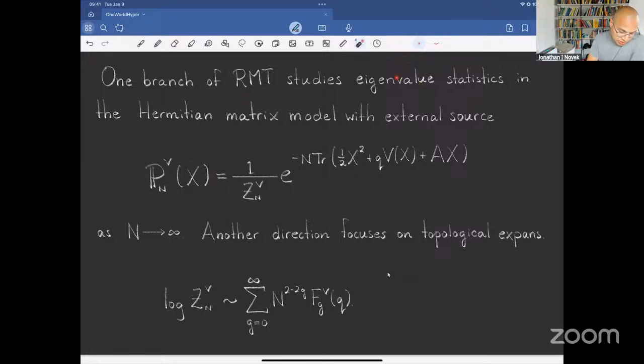There's universality of the local statistics in very general Hermitian matrix models like this. And the other is, what is the asymptotic behavior of the partition function for an arbitrary potential V?